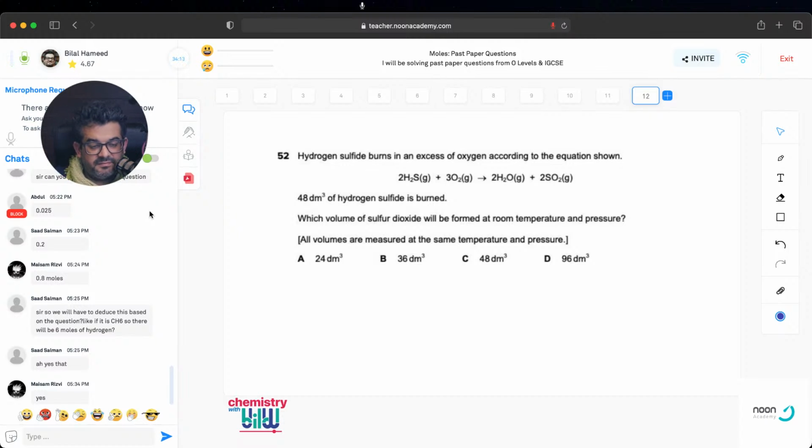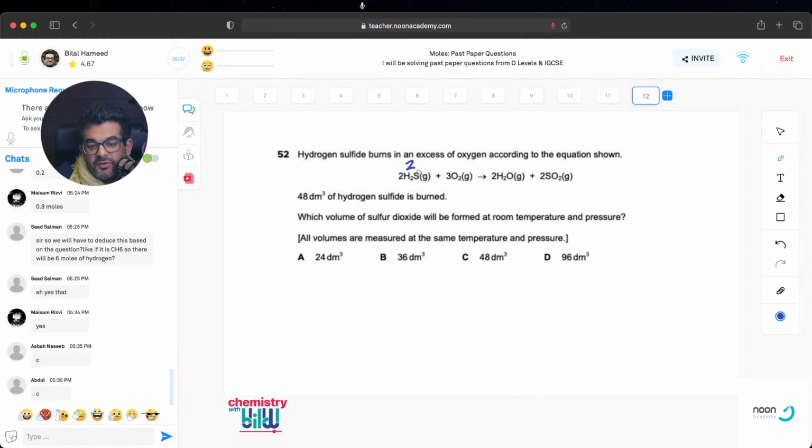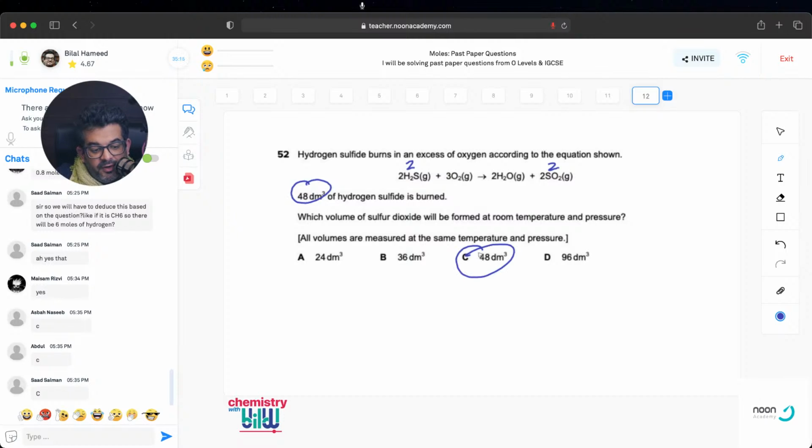Can you guys solve this one? So in this case, the idea is it's a 2 sulfur dioxide 2 ratio. So 1:1 ratio. So 48 will make 48, right? Awesome.